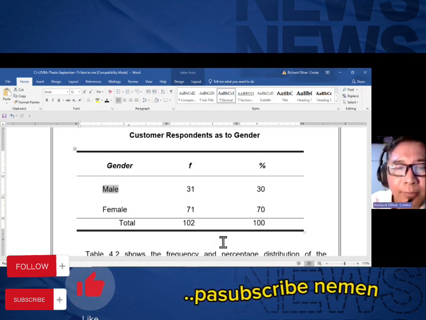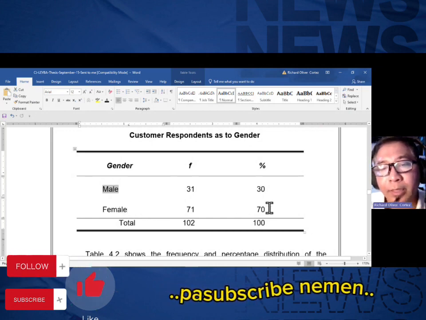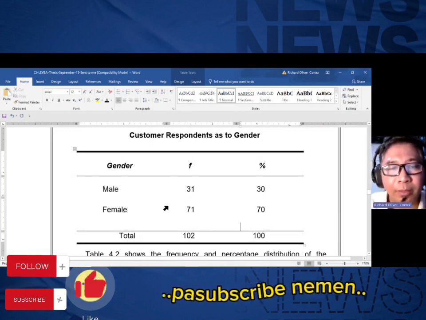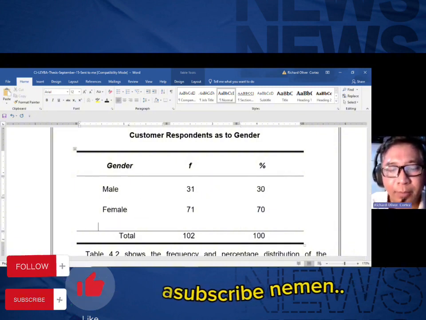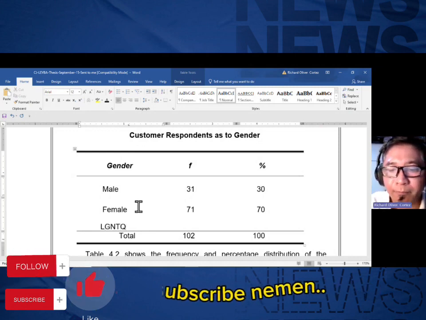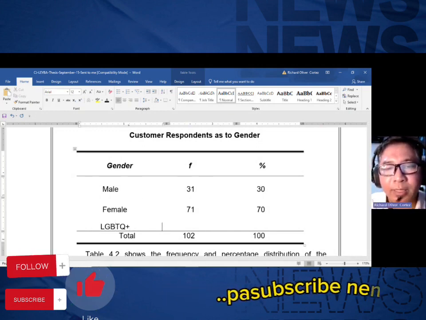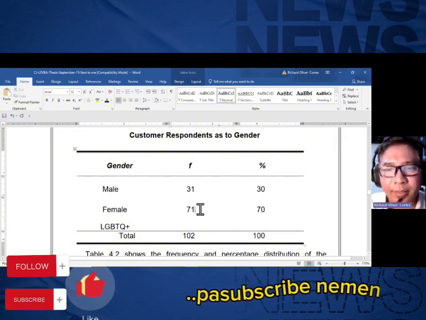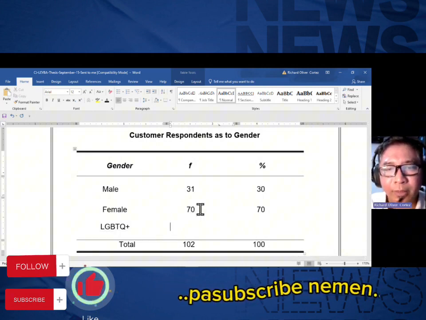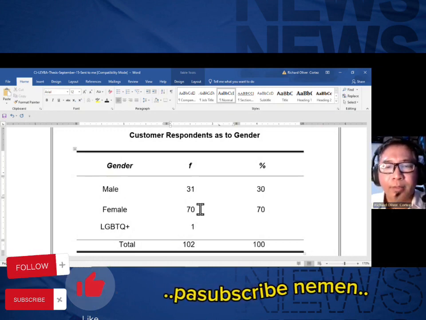So if your indicators are three, for example, you can add here a third indicator, the LGBT. For example, if you have the LGBTQ+, okay. So this is the time that you can have ranking, since there are three of them. If you have three indicators, you can now have the ranking.